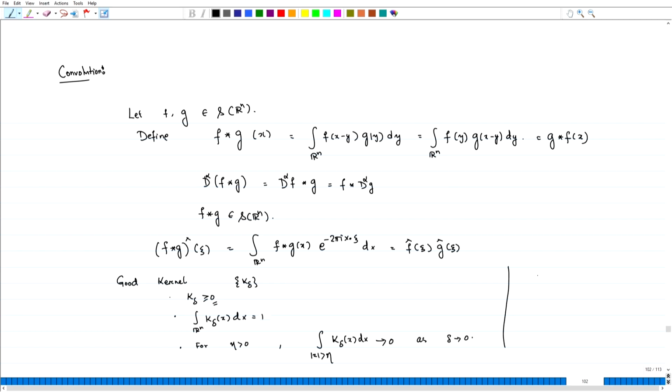If I say that the integral of k_delta of x dx is equal to 1, and this positivity condition I replace by the integral over R^n of mod of k_delta of x dx being less than or equal to M for all delta, that is, uniformly bounded, instead of positivity, and the third condition is that the tail goes to 0. So, this can also yield us the same result.